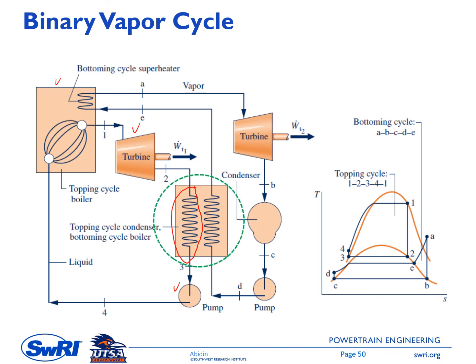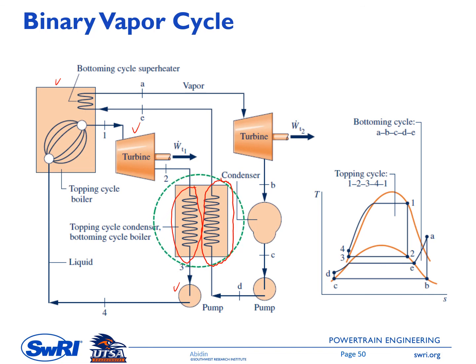For the low temperature cycle, this part acts as the steam generator, or maybe not steam, or maybe yes, steam, because this is a low temperature characteristic working fluid. So this one can be a boiler or steam generator.